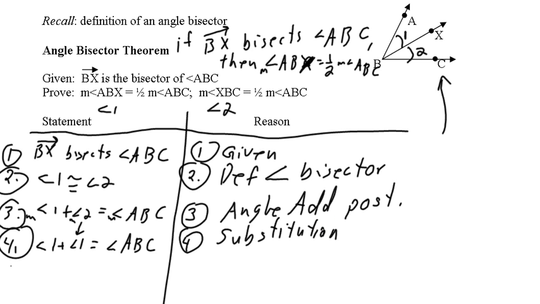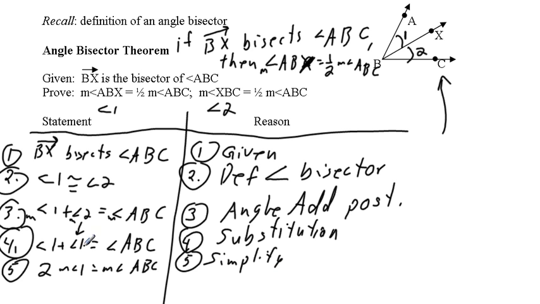I'm going to make this a separate step this time: 2 times the measure of angle 1 equals the measure of angle ABC. The reason I can say that is I'm just simplifying. Angle 1 plus angle 1 is 2 angle 1s.